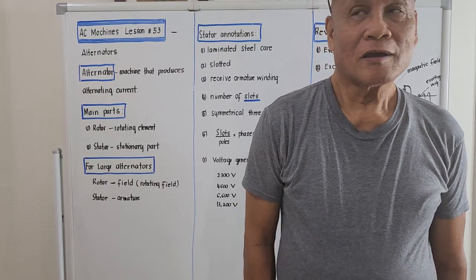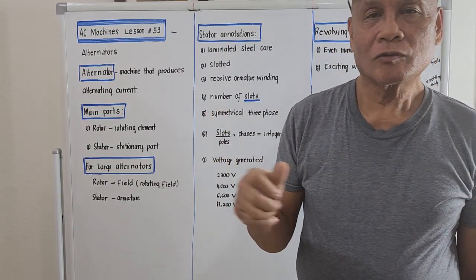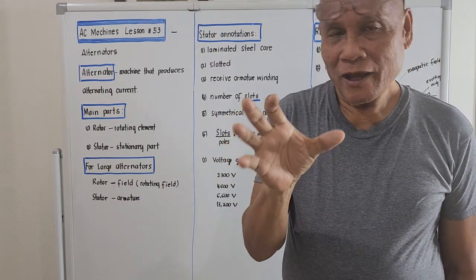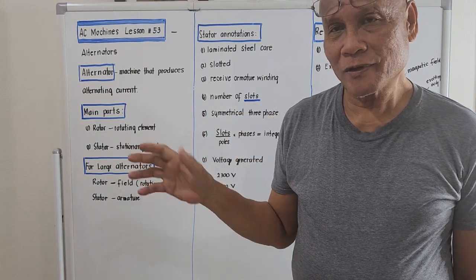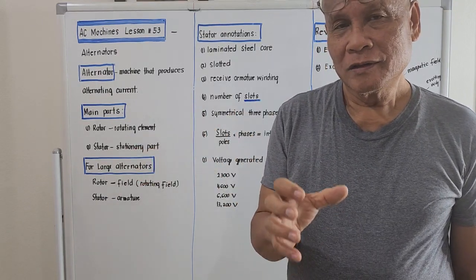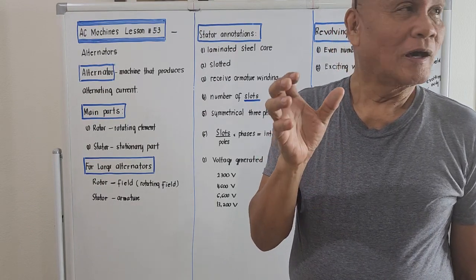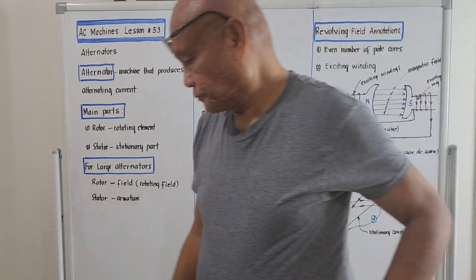The topic for this morning will be a continuation of my long video format discussion in AC machines. I am done with transformer. So for this morning, it will be a new topic, alternator. Alternator is the one that produces our alternating current being used in our houses.